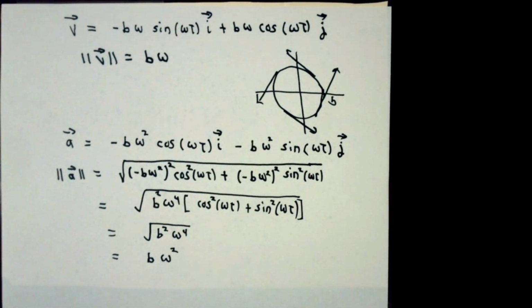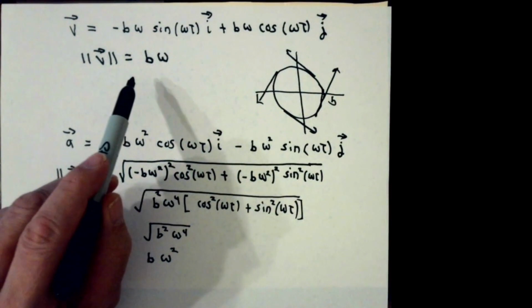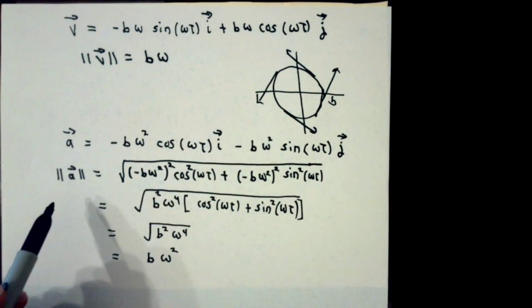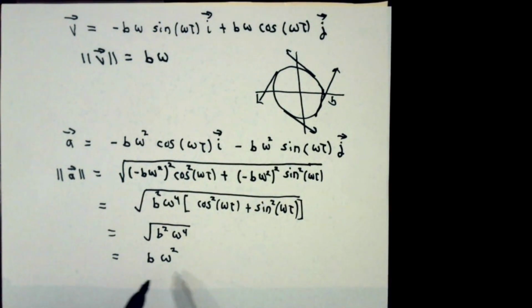An observant person will notice something. The speed is b times omega. The magnitude of the acceleration is b times omega squared. That almost equals the square of the speed, except I would need to have a b squared there instead of b.